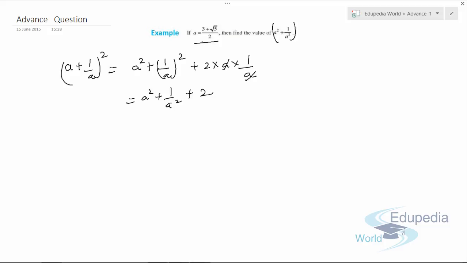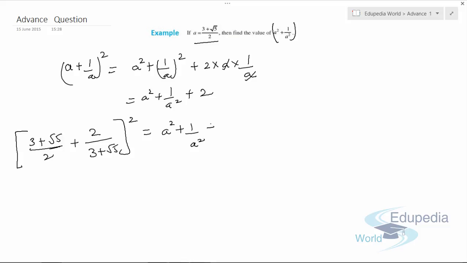So we have a as 3 plus under root 5 upon 2, and we can put the values over here. So we got 3 plus under root 5 upon 2 plus 1 by a, which means we write 2 upon 3 plus under root 5, whole square, which equals a square plus 1 by a square plus 2.